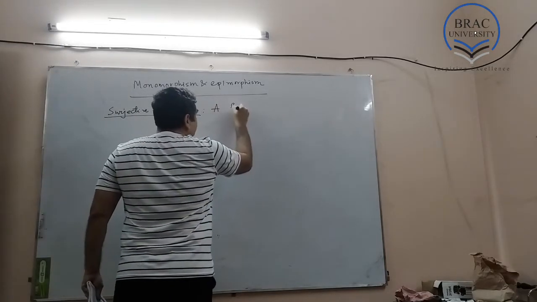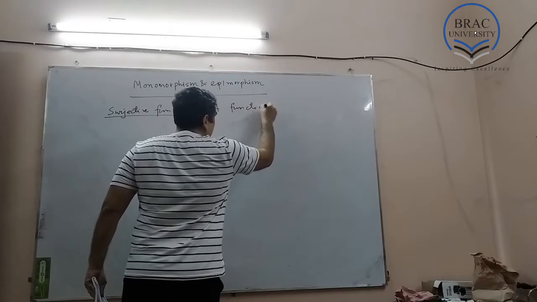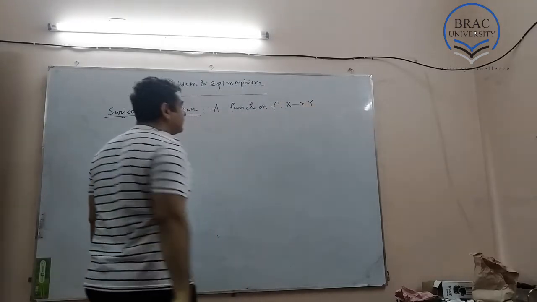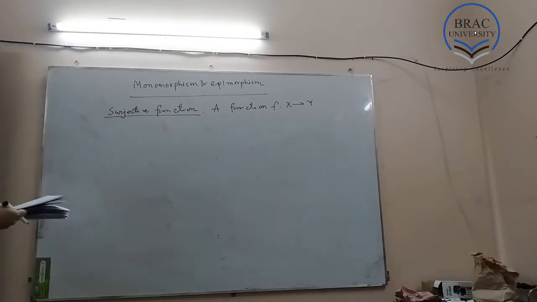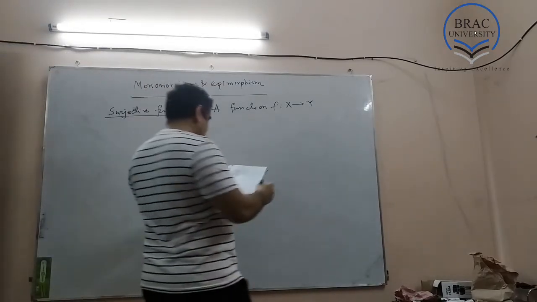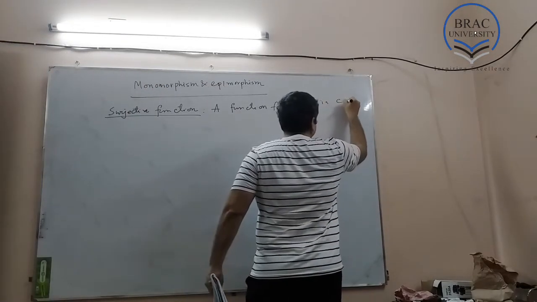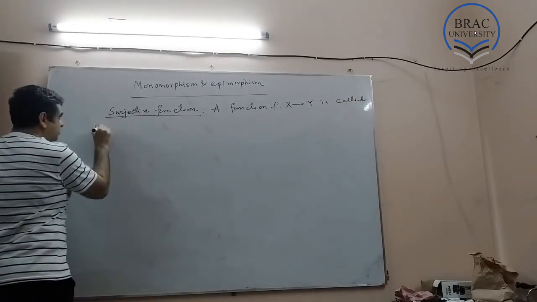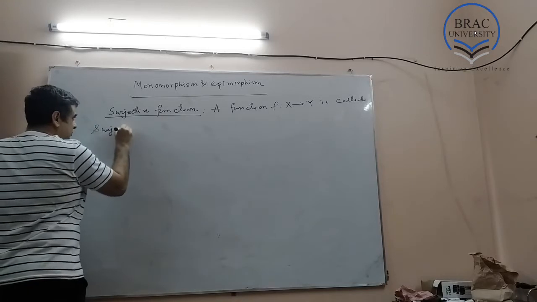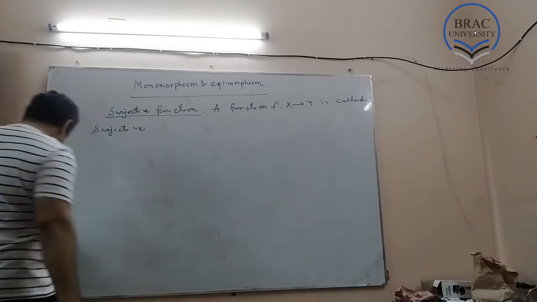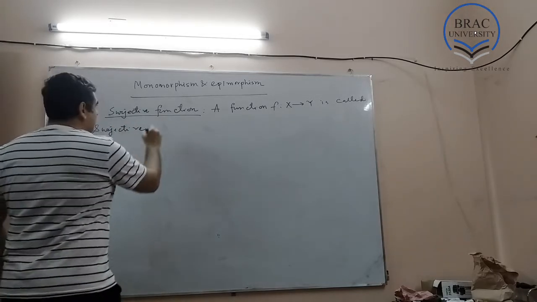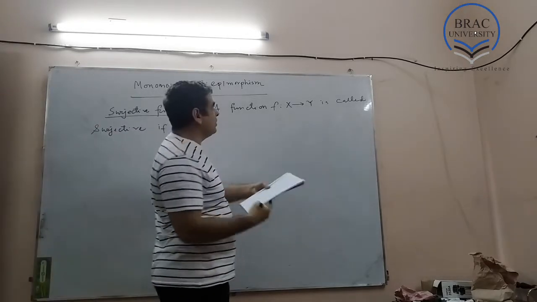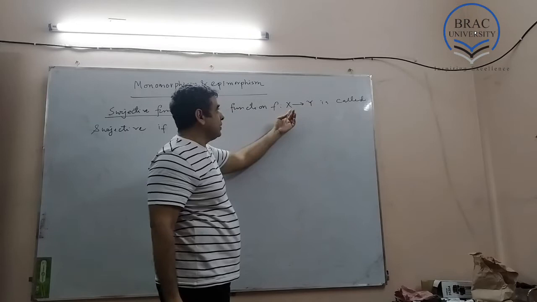A function f from X to Y, so that X is the domain of the function and Y is the codomain. This function is called surjective if for all y in Y, whatever element you take from Y, there is always a pre-image here.